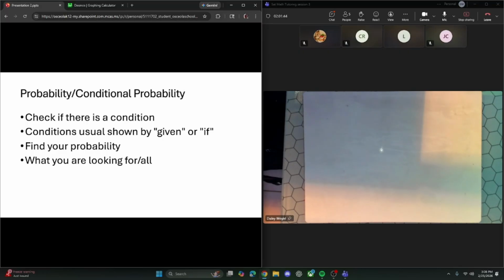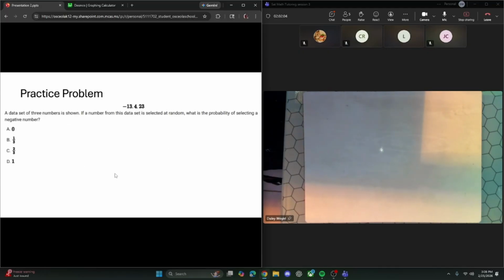You want to find your probability, and your probability is what you are looking for divided by everything overall, unless there is a given condition. If there is a given condition, then it's what you're looking for divided over the given. I'll show you how that works.